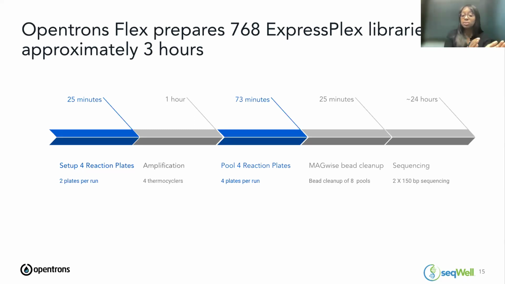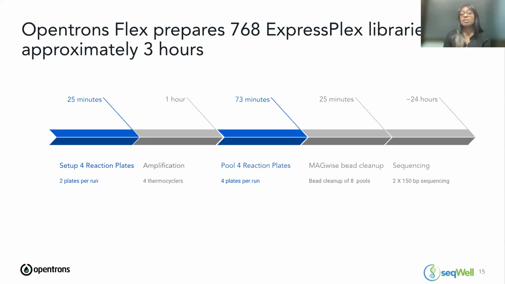And so with sequentially starting that experiment, because it can be done so quickly, we can stagger that and amplify four plates, and also pool those plates and get those cleaned up in time to get them on the sequencer to have a turnaround time of around 24 hours or less, potentially, depending on your particular sequencing need.